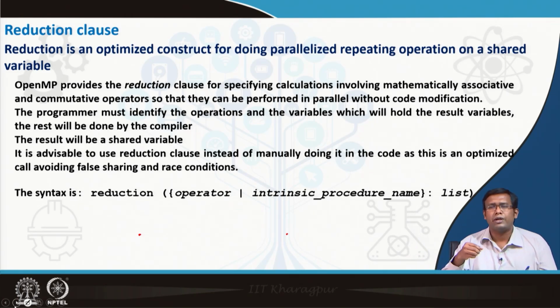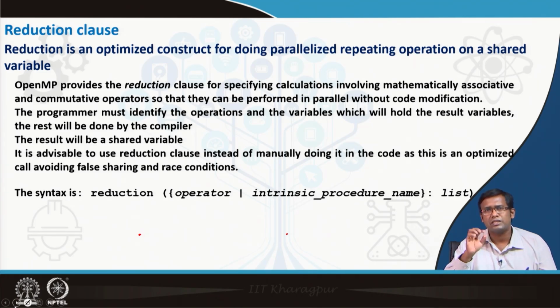However, if you try to do it manually, because it is a shared memory variable accessed by all the processors, it can give you issues related to the cache memory. Therefore it is advisable that instead of writing code for taking local sums and finding the global sum, which need not specifically be a sum, it can be a different procedure, we will see some of these later, you use a reduction operation.